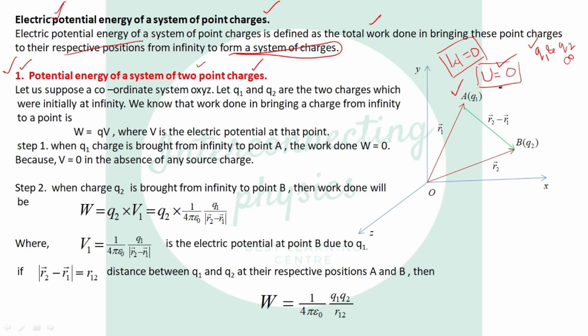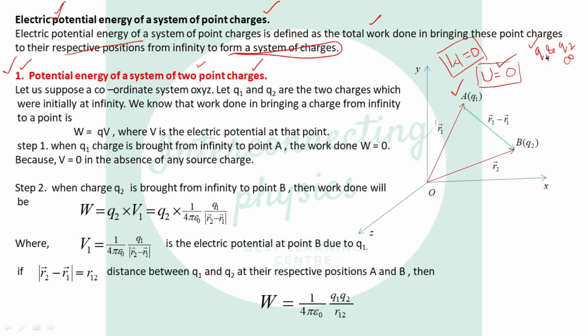Now you see here, we have to bring the Q1 charge to point A, but Q2 is at infinity. So it means there is no electrostatic force of repulsion, no electrostatic force of attraction, there will be no electric field, and there is no potential because there is no charge present over here, because Q2 is at infinity.